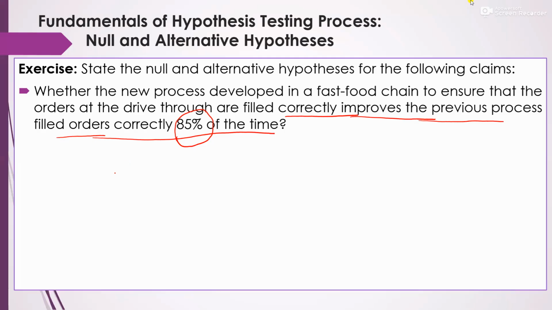Right? So now we define pi. The population parameter is related to proportion, so we take the proportion pi.